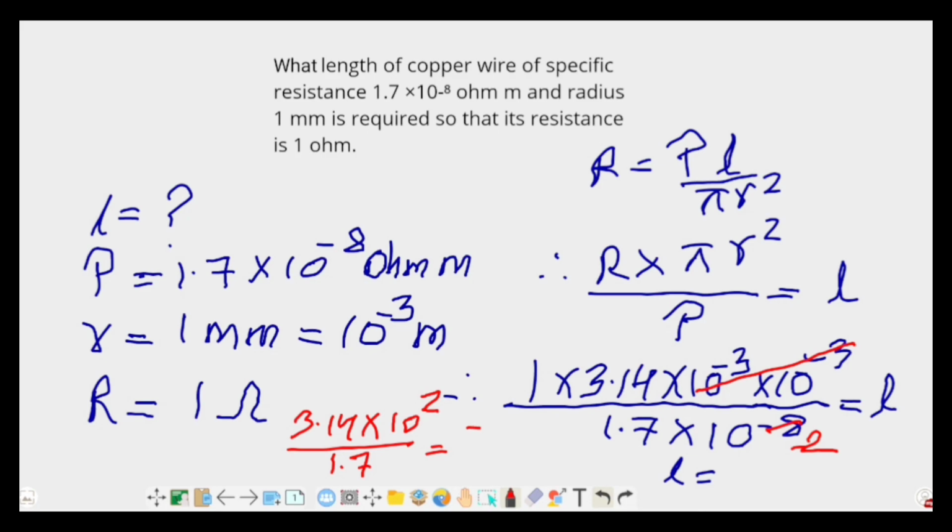So it will be 314 divided by 1.7. Put 1 zero. Now divide. When you simplify this, you will get 184.69 meter. Understood?